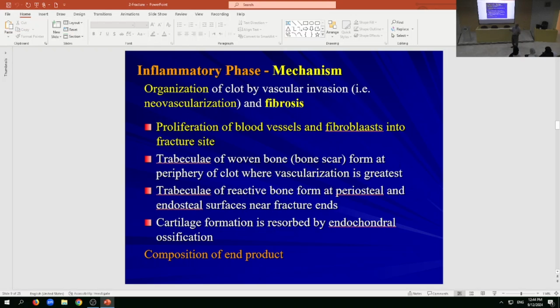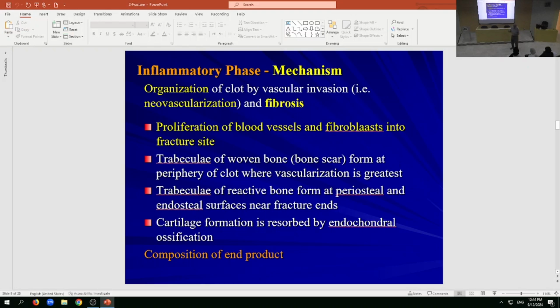Periosteum is a very peculiar tissue. If you irritate that periosteum, it immediately makes bone. This irritation may not necessarily be a disease. If you hit the periosteum repeatedly because of various reasons, it forms bone, woven bone, reactive bone, to protect itself.